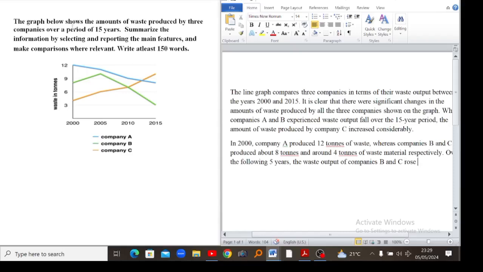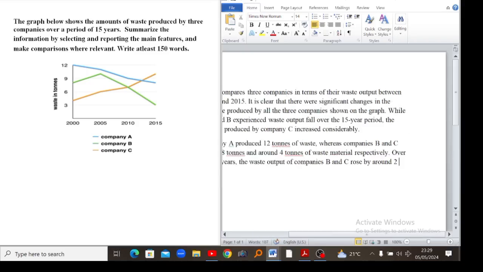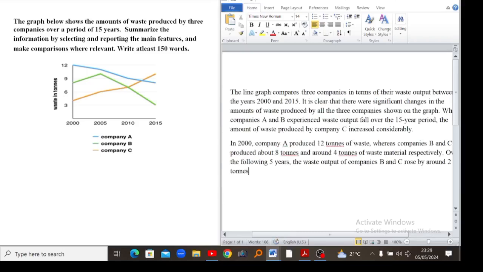Here I said increase, here I said increase, so here I'm saying rose by around 2 tons. It's okay to write in figures.